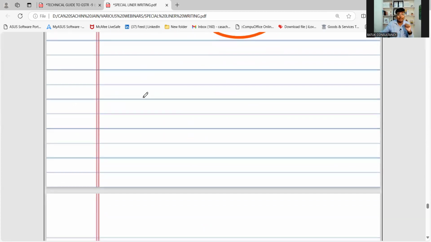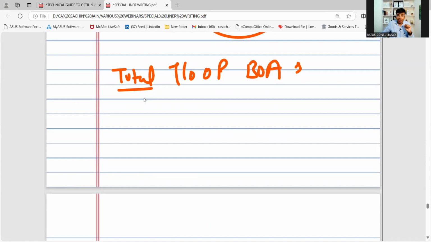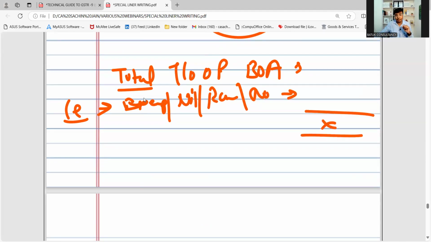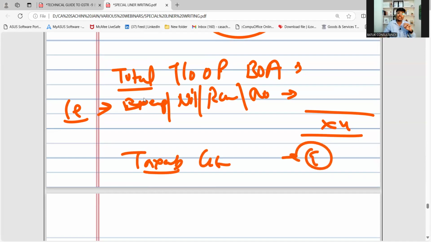For that purpose, we'll take the total turnover of the books of accounts, reduce it by the exempted turnover, the nil rated turnover, the RCM turnover and non-GST turnover, and then compare this turnover with the taxable turnover of GSTR-9 so that our taxable turnover reconciliation will be completed. Now, we have reconciled the turnover in the GSTR-9C.